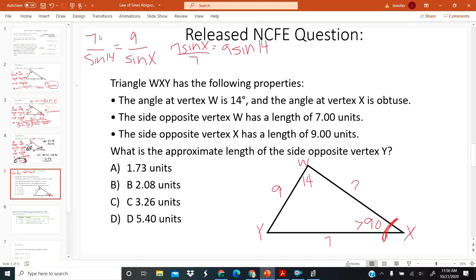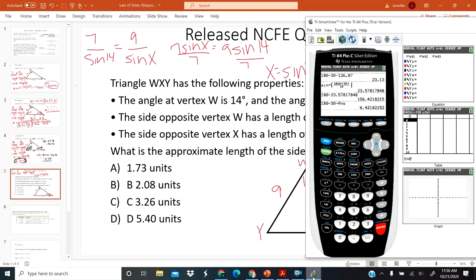I'm going to divide by 7 on both sides and take the inverse sine, and I would end up getting X equals inverse sine of 9 times sine of 14 over 7. And so I'm going to come in here, do inverse sine, and then go ahead and get my fraction bar in here.